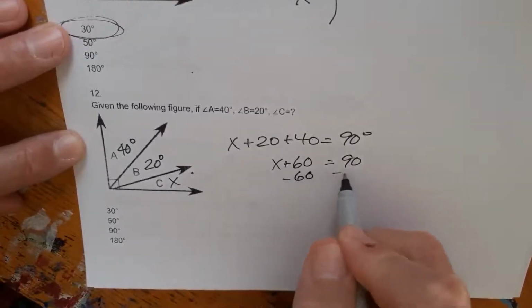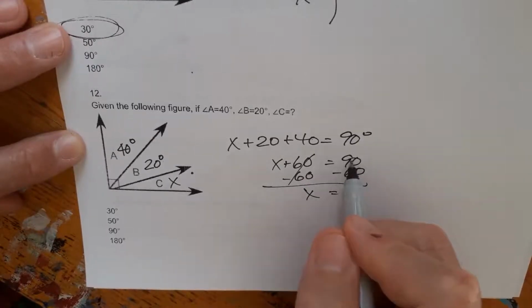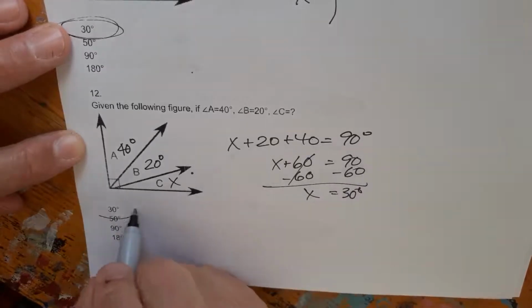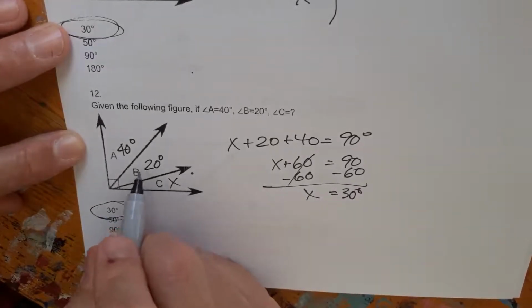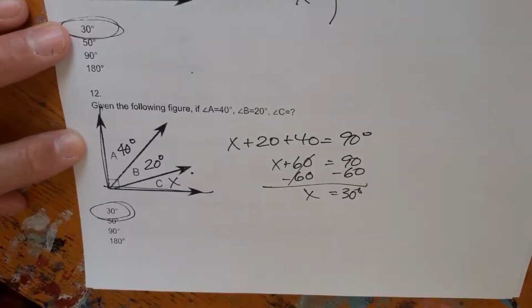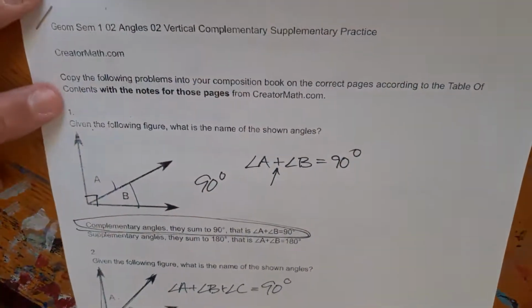Now let's subtract 60 from both sides. That makes it disappear from the left and show up on the right as a subtracted 60. 90 minus 60 is 30. So if you go 30 plus 20 is 50, 50 plus 40 is 90, that's good because the whole thing's 90. That is a complementary relationship in geometry. They sum to 90 degrees.